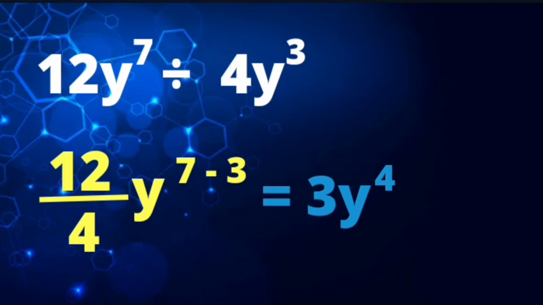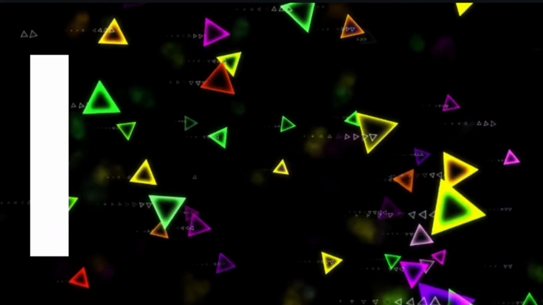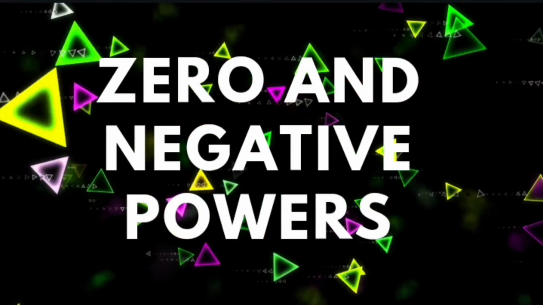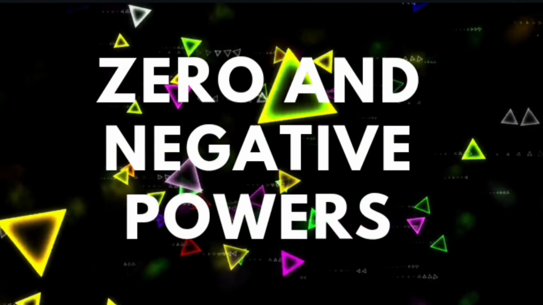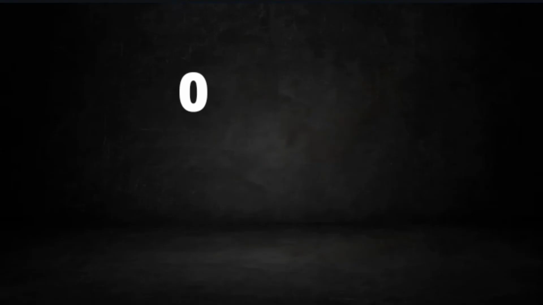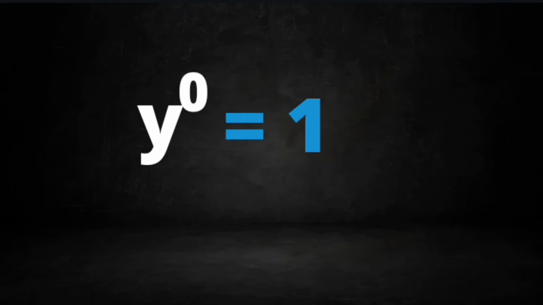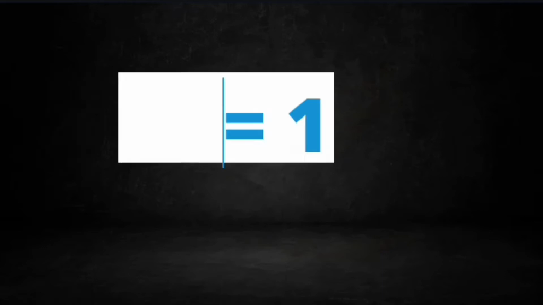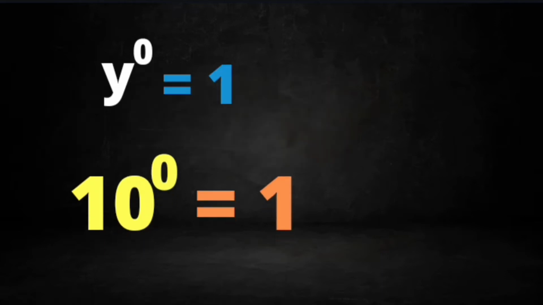The next laws we'll be discussing are the 0 and negative powers. Any number raised to 0 is equal to 1. So y raised to power 0 is equal to 1. Similarly, 10 raised to power 0 is equal to 1.